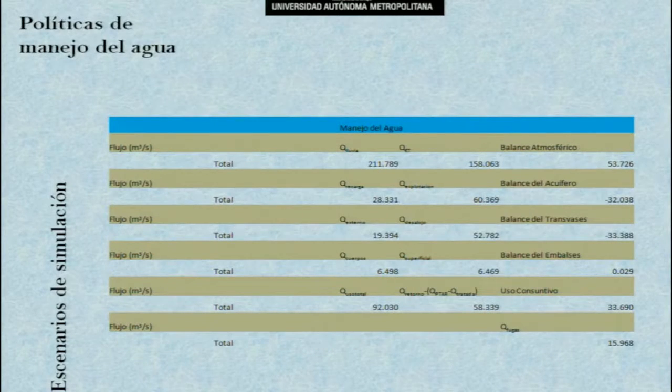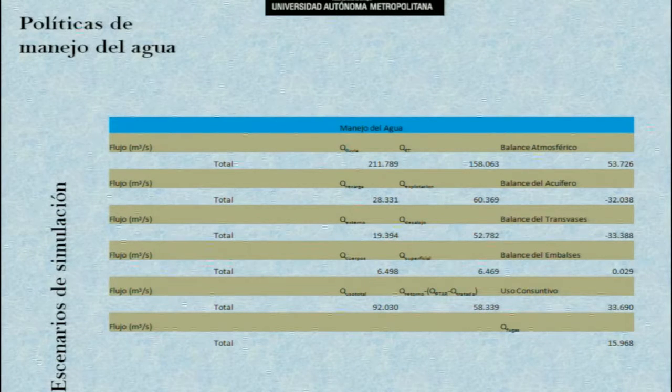And this in regard to management, different balances. One was already mentioned, transvasing, atmospheric balance, the amount of rainfall we still have vis-a-vis transpiration or loss through evaporation.